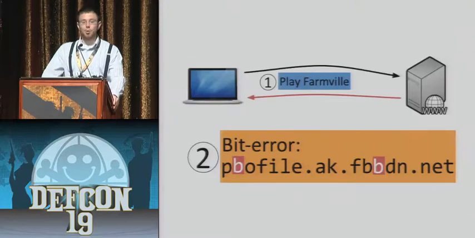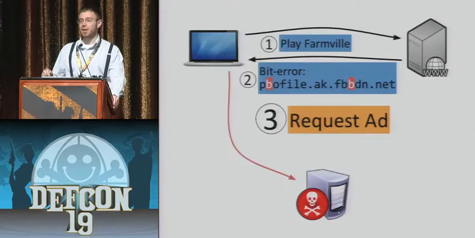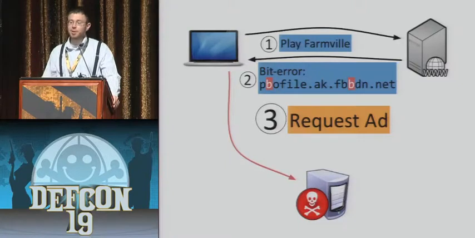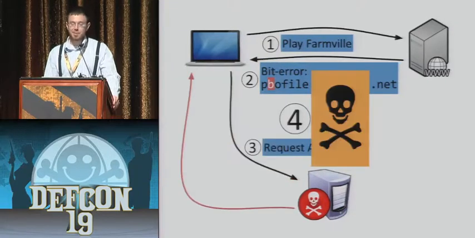I happen to own fbbdn.net, and this bit error happens to happen in the URL of an ad server. This URL gets cached and then served up to the 1,300 people who keep requesting that resource. Instead of requesting ads from Farmville, they're requesting ads from me. I could have sent them anything I wanted, but I chose the 404.